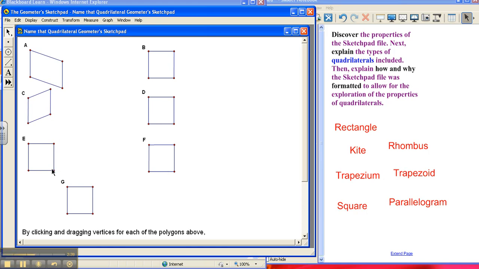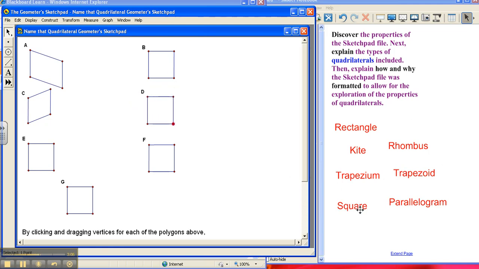Next I'm going to go to letter D. Well, that just moves the whole figure. This makes it smaller or larger, but it's not going to be anything other than what you can see. It constantly remains what from the list?